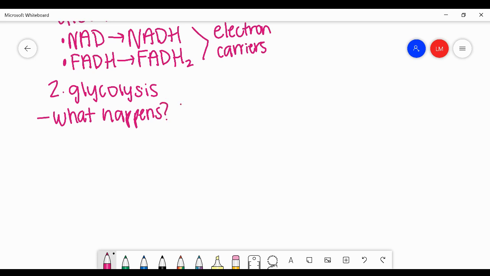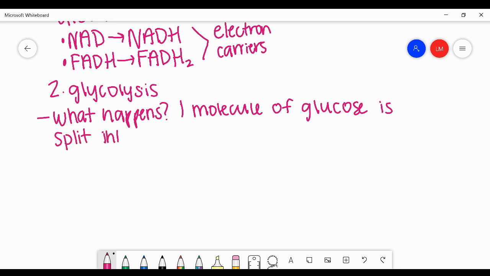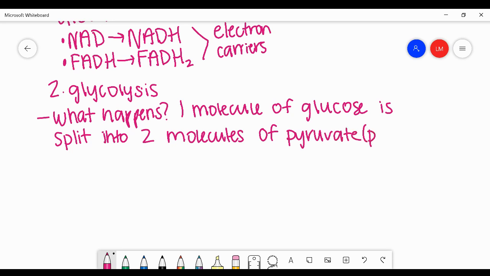During glycolysis, one molecule of glucose is split into 2 molecules of pyruvate. Pyruvate is sometimes called pyruvic acid, but they both mean the same thing.